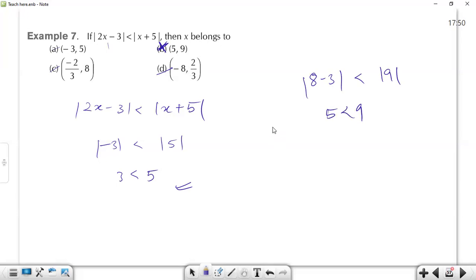So yes, 4 is included. It means that 4 should be in the domain, and in this particular given domain, 4 is excluded because 2 by 3 is what? 0.66. And so it's not going ahead of 0.66. And even 0.66 is not in. Option D is also eliminated.